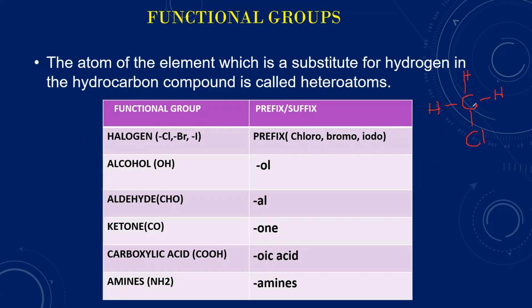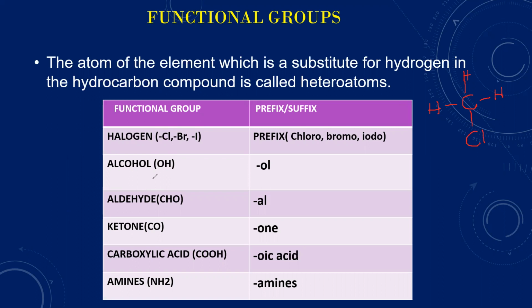So this is one carbon. If one carbon is there, the parent name is methane. And if the hydrogen is replaced by chlorine, that is, a halogen is attached as a functional group, then we have to add it as a prefix. So the name will be chloromethane. Understood? If a halogen is coming, we have to add it as a prefix.